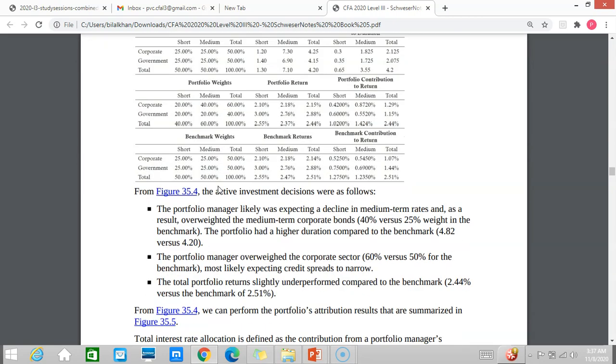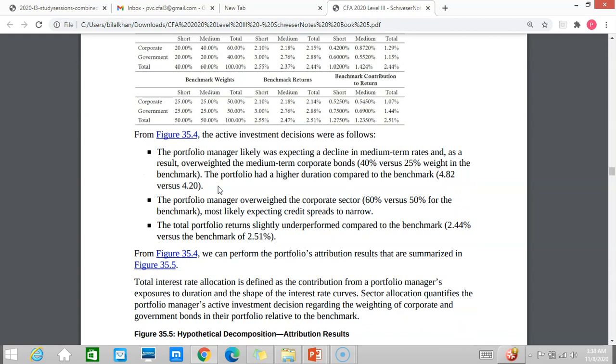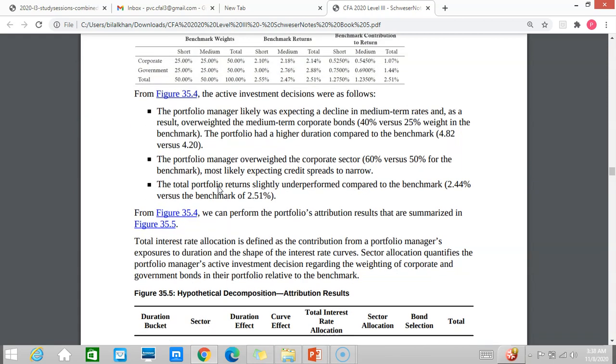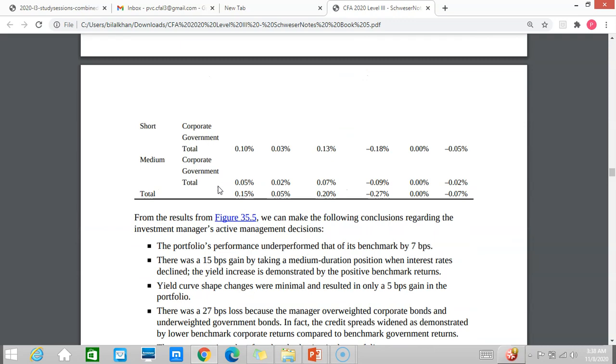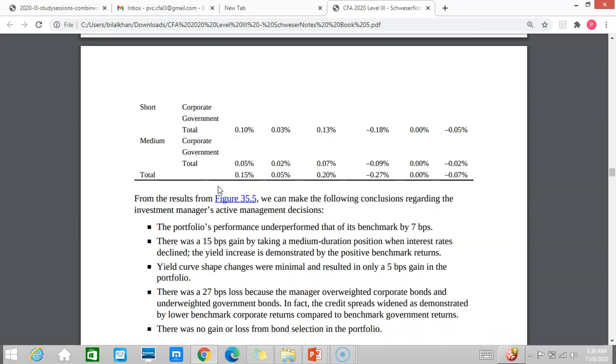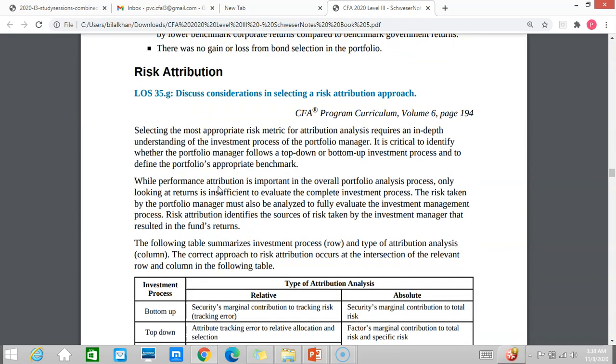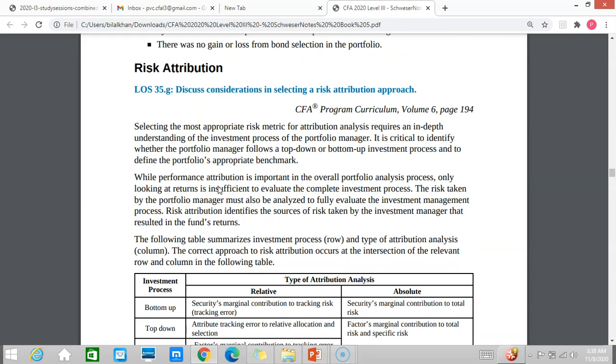You can go through it. I don't think that you need to memorize any of these. So this is all about return attribution, that is how you actually attribute return to different factors.